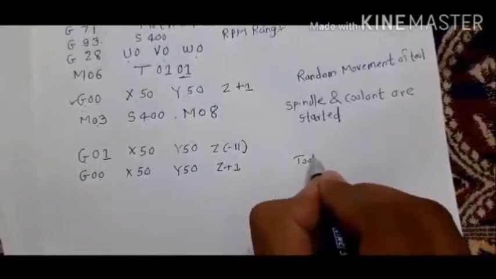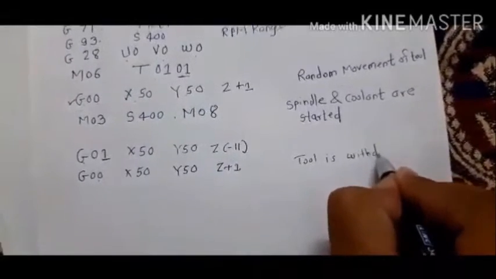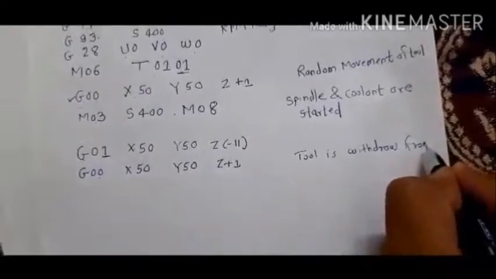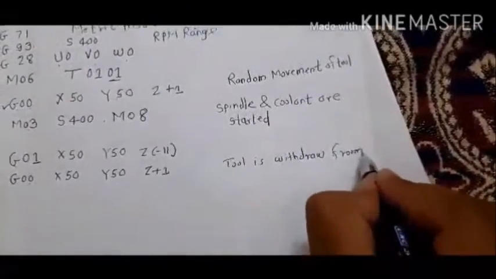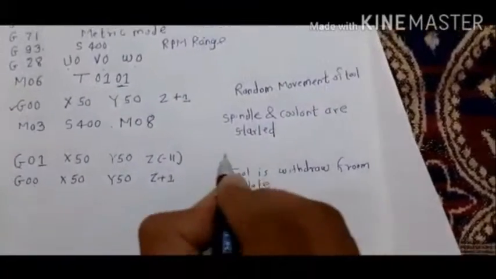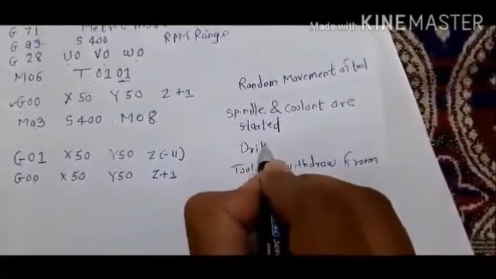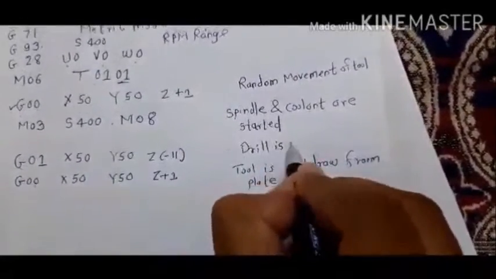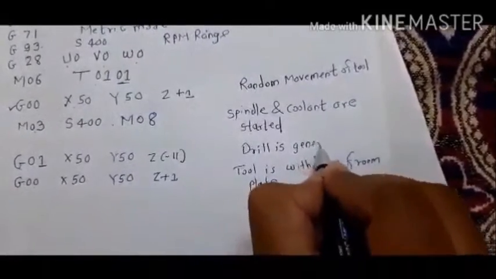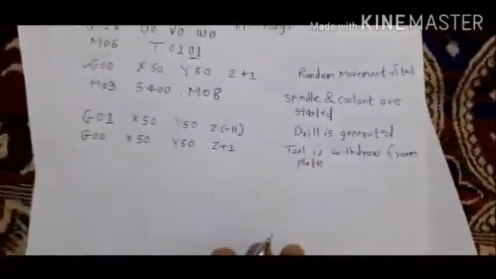So the tool is withdrawn from the plate. Here for this step I will write: drill is generated, that is, drilling operation is over.